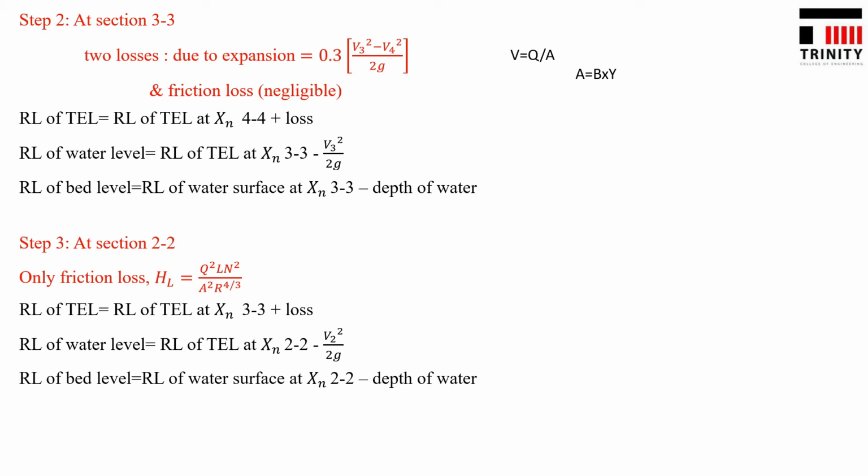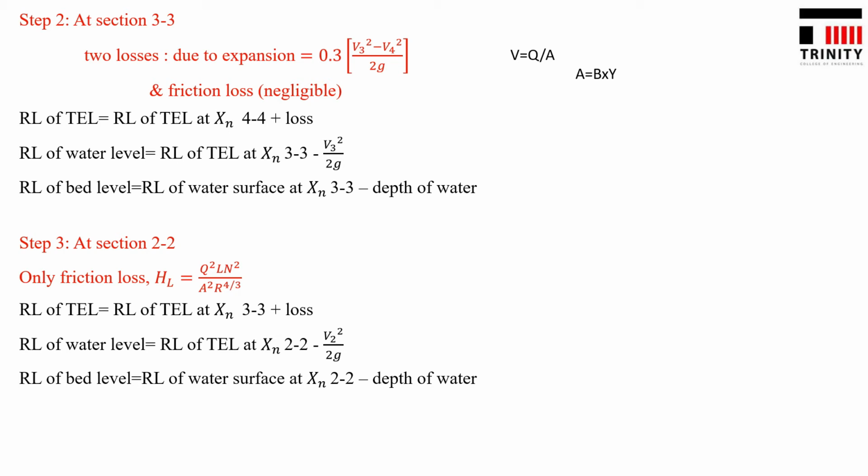In section 4:4, we find out the values from the bottom, that is bed level, water level and total energy level. But in the other cases except section 4:4, that is 3:3, 2:2 and 1:1, we find out from the top to bottom. That is, first we have to find out the total energy level, then the water level and the bed level.